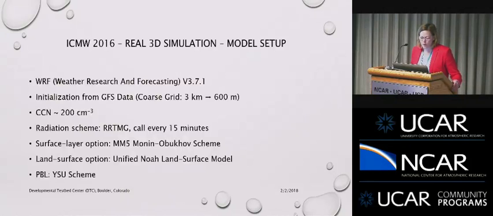We used the RRTMG radiation scheme called every 15 minutes, the Monin-Obukhov scheme, and the unified Noah land surface model to describe the surface layer and land surface options, and YSU to describe the planetary boundary layer.